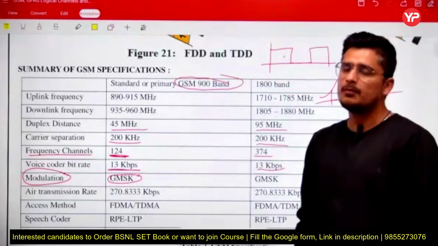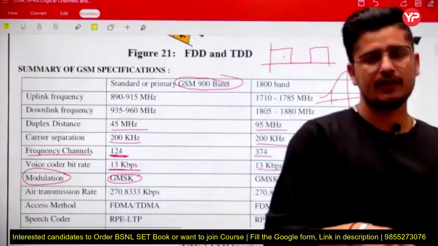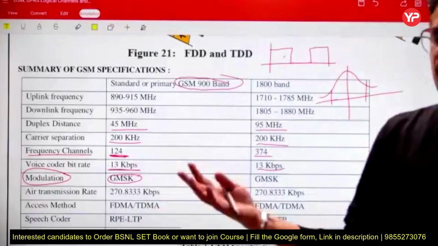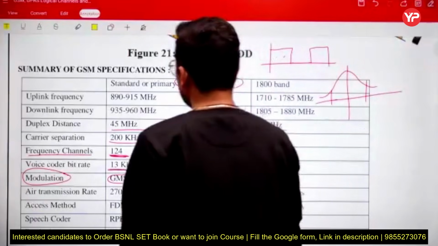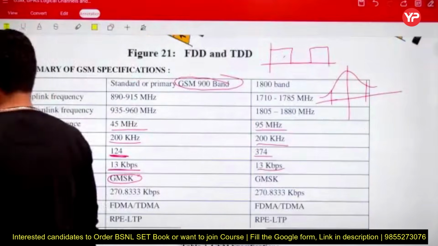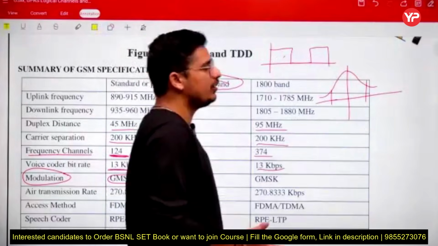Minimum shift keying is a special type of FSK, frequency shift keying, which we are going to study today. In the modulation and demodulation class, we will discuss FSK. So when we talk about GMSK, it means Gaussian minimum shift keying.